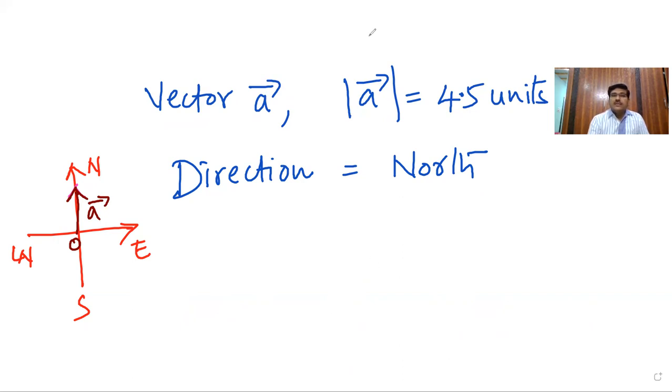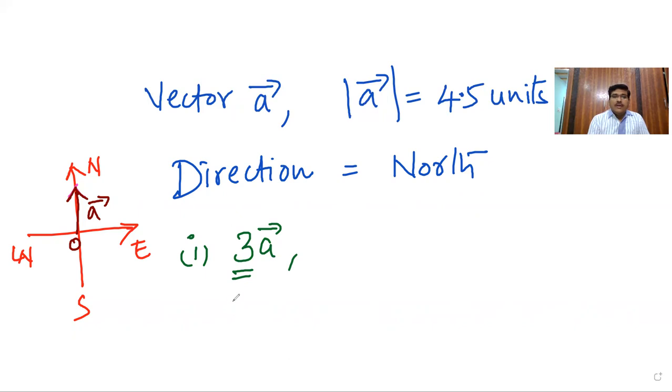Now what do we need? We need 3A bar. First question is 3A bar. In the previous class, I told you that if you are multiplying a vector with a scalar quantity, the magnitude of this entire thing is multiplied with this number.